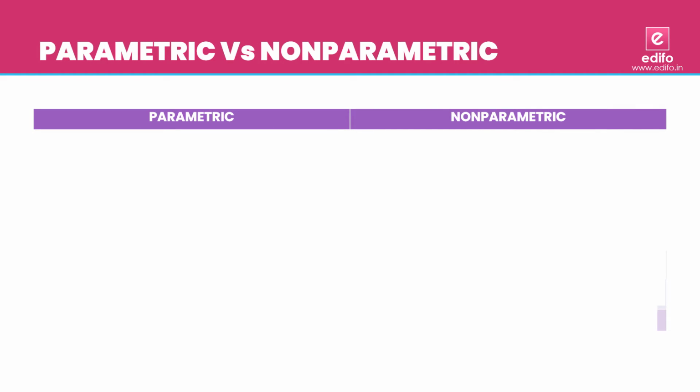In some situations, we need to find a non-parametric alternative to a parametric test. So here I'm going to explain some non-parametric equivalents of parametric tests. The one sample t-test is parametric, and its corresponding non-parametric test is the sign test.